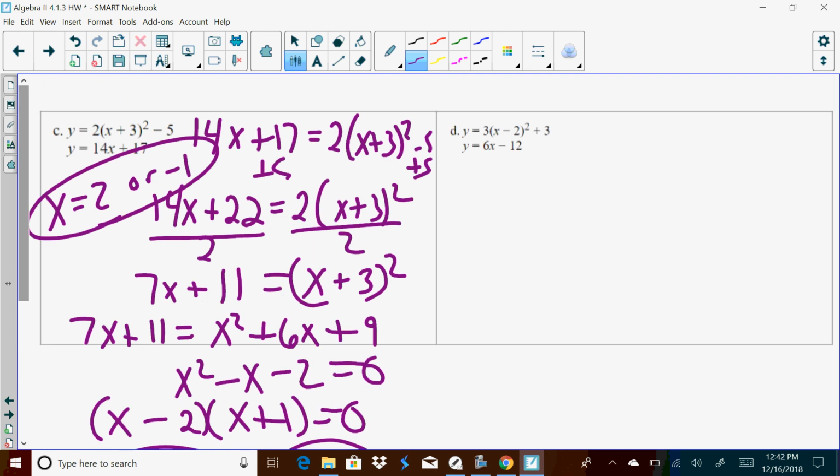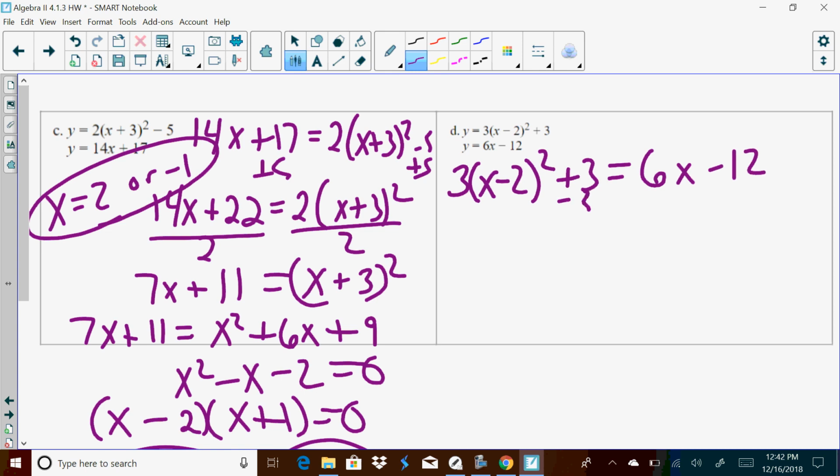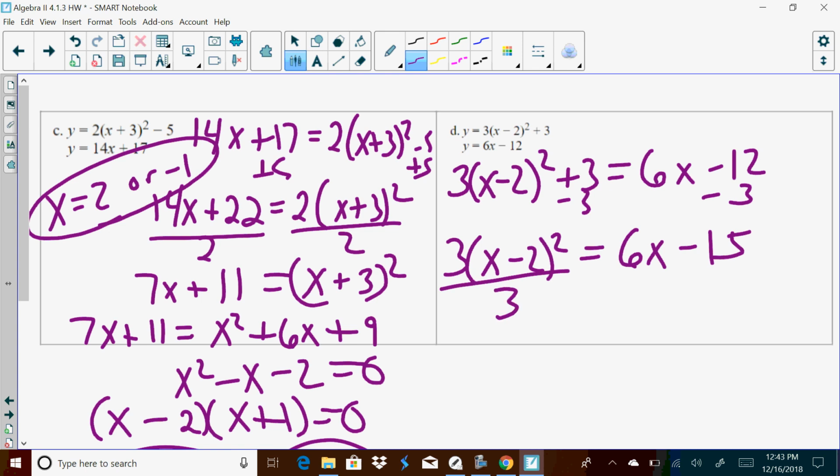This one, again, they're both equal to y, so I can set them equal to each other. So I get 3 groups of x minus 2 squared plus 3 equals 6x minus 12. So I subtract 3 from both sides. Minus 15, divide by 3.